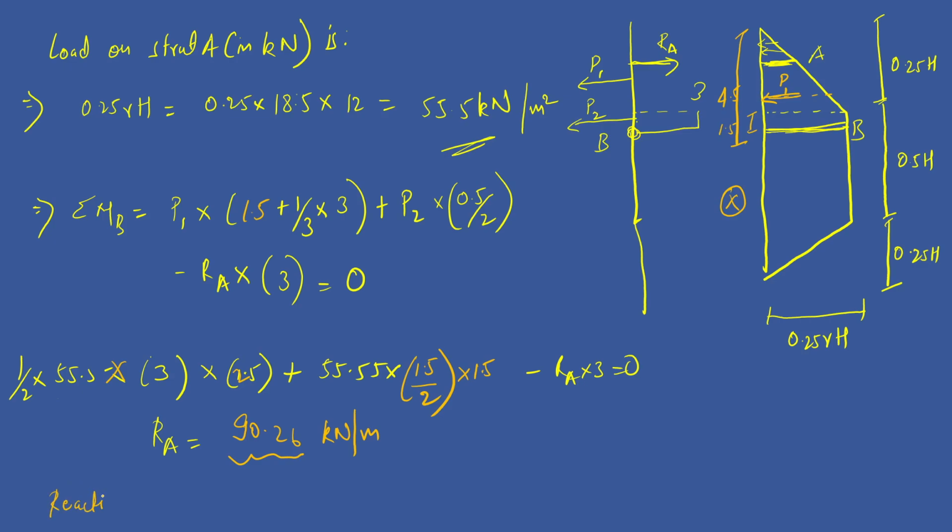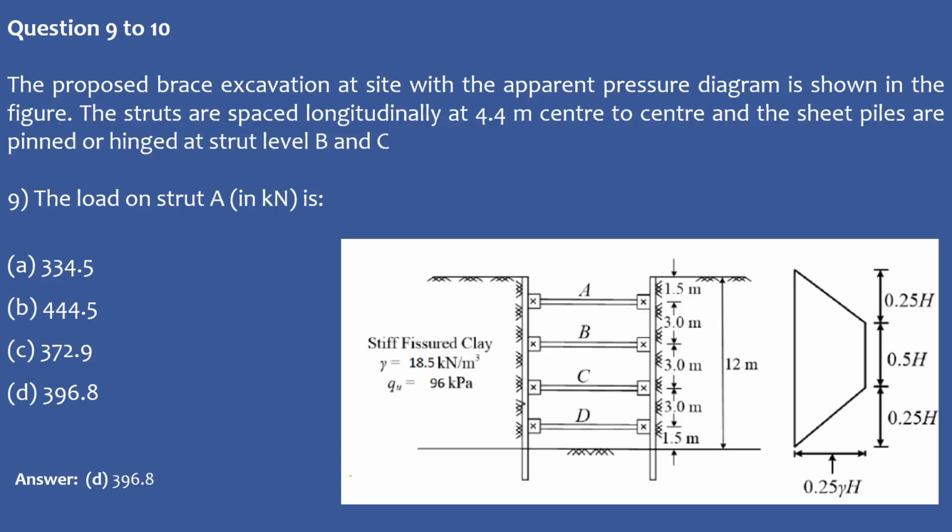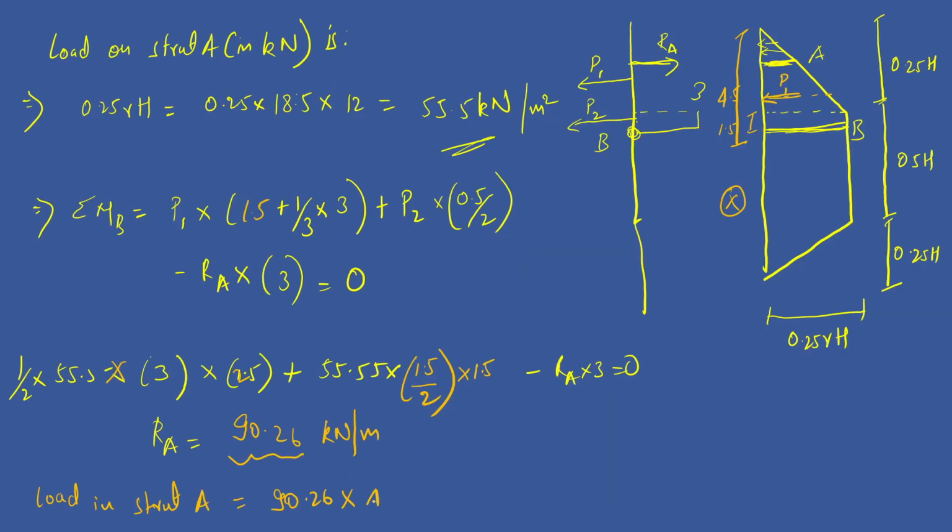I'll say the load in strut A is none other than 90.26 into 4.4, which is none other than 397.18 kilonewton.